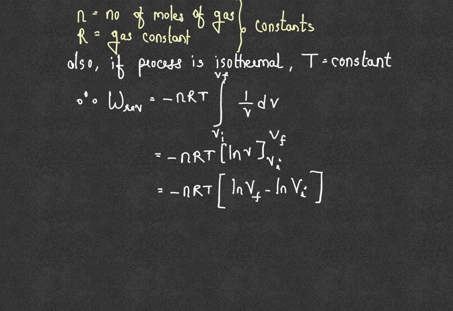So ln A minus ln B is equal to ln A by B, and ln A plus ln B would be ln of A times B. So minus corresponds to division, plus corresponds to multiplication. Now I can put it like this: minus nRT ln VF by VI.